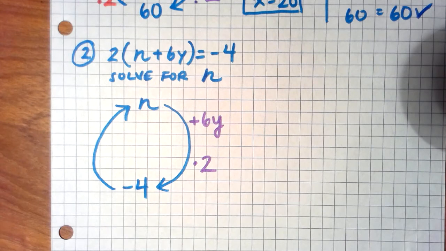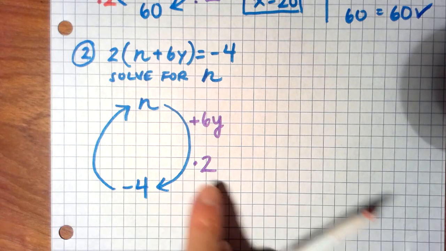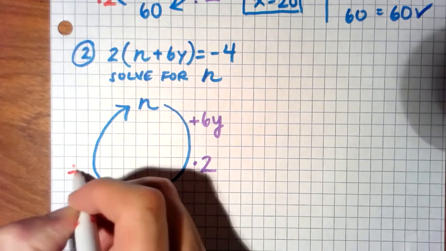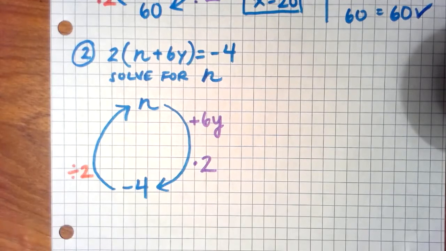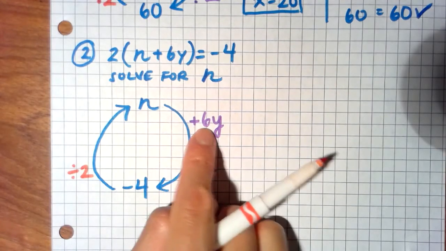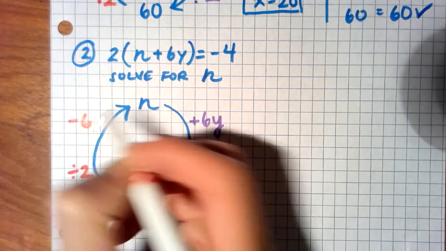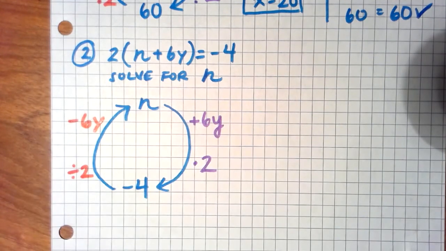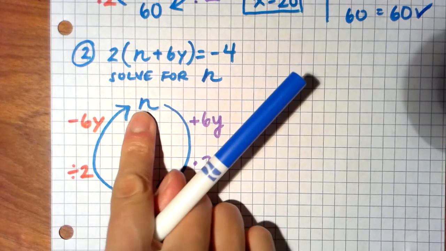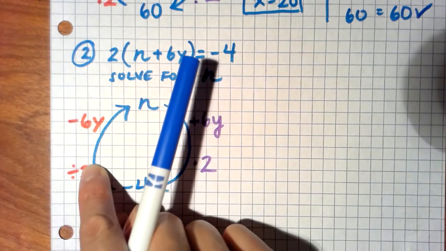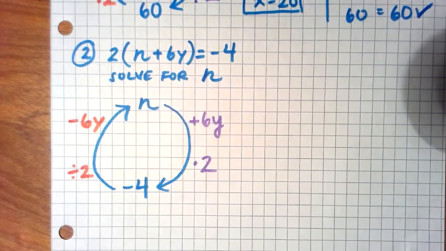So now I do the inverse operations on the left side of the circle. The opposite of multiplying by 2 is dividing by 2. And the opposite of adding 6y, the inverse of that, is to subtract 6y. To figure out what n equals, let's start at the bottom of the circle, and we're going to work our way up the left side of the circle.